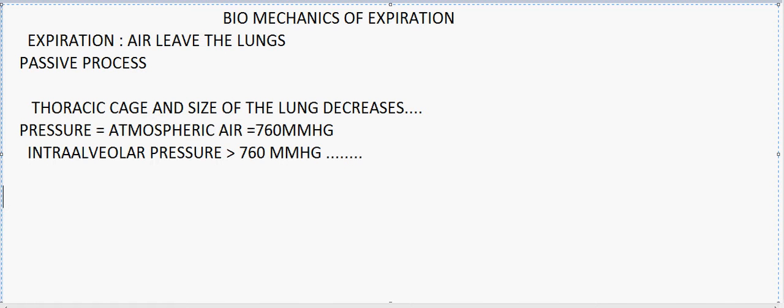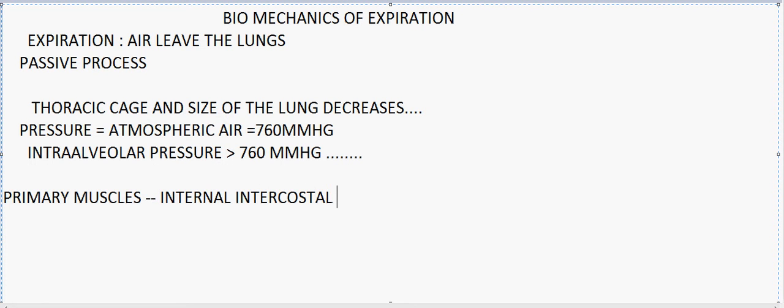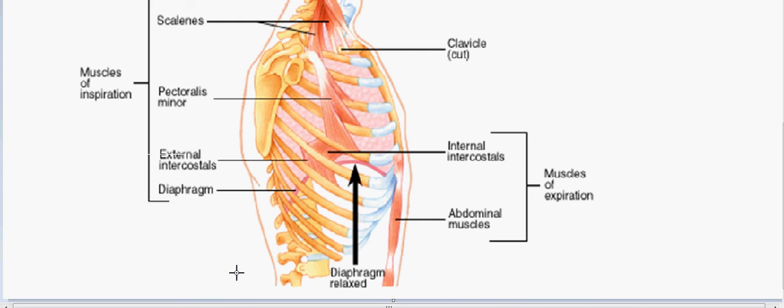The muscles involved in this expiratory process are of two types: the primary muscles, and the accessory muscles which help the primary muscles. Now we'll look at the primary muscles. The primary muscles that aid in the expiratory process are the internal intercostal muscles, which are present beneath the external intercostal muscles, between the ribs.